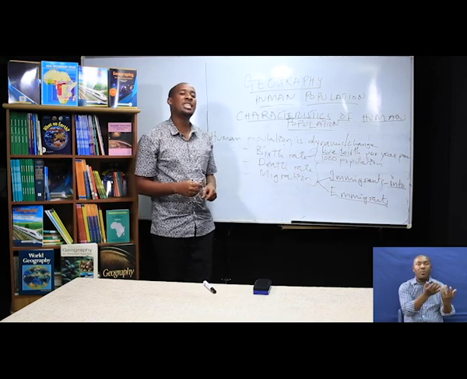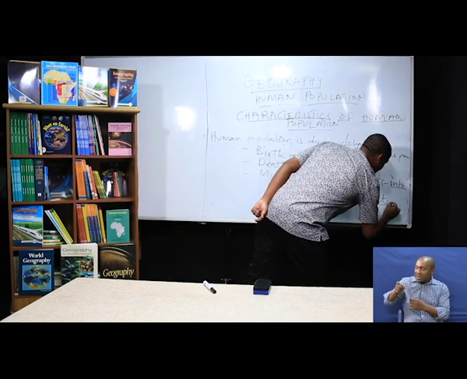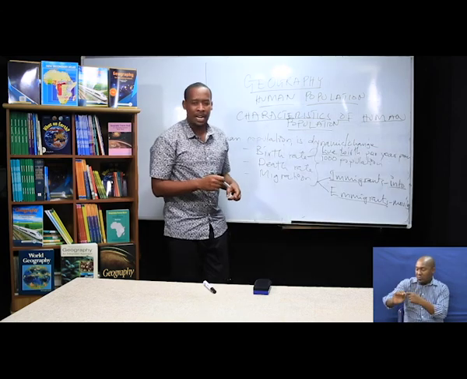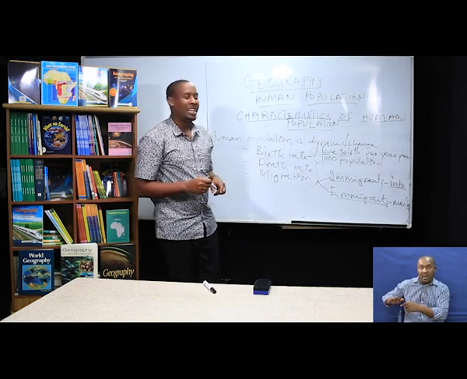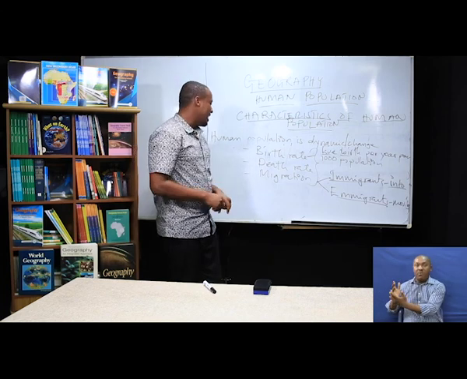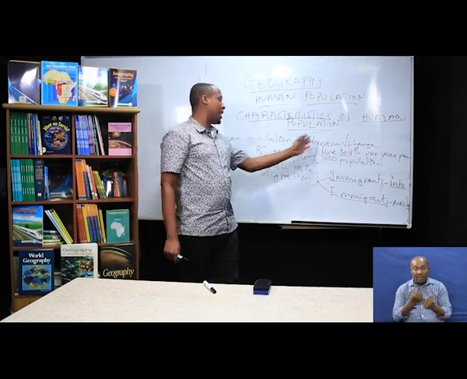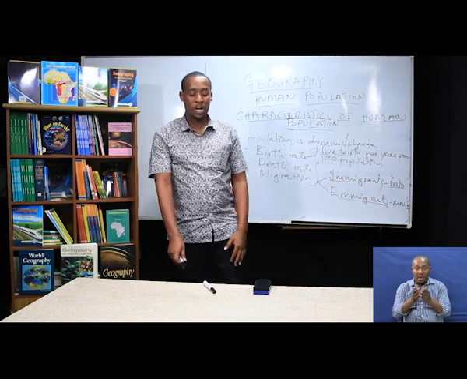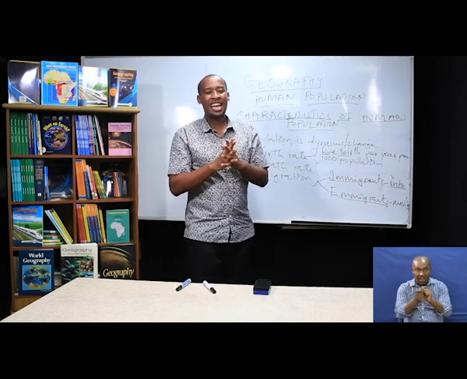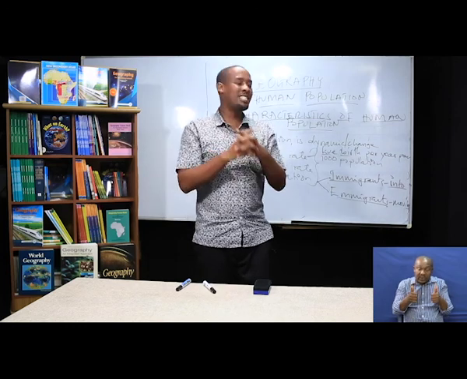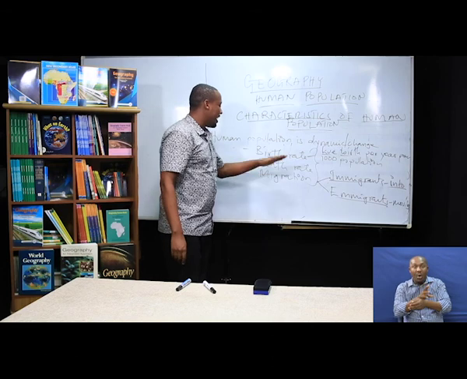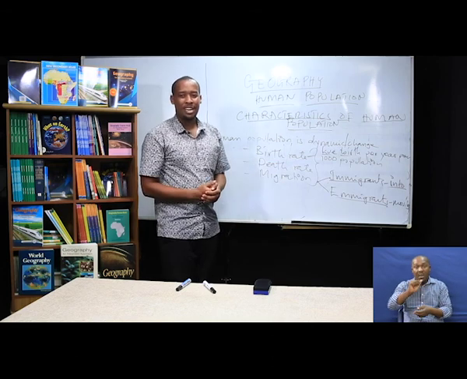But when someone is moving out from an area, it can lead to a decrease in a population. That's why I said a human population is dynamic, because it is highly influenced, highly affected by these three main variables: birth rate, death rate, and migrations.